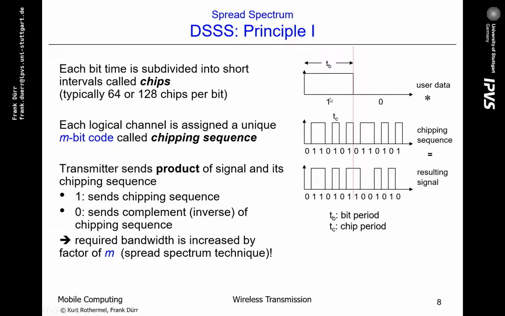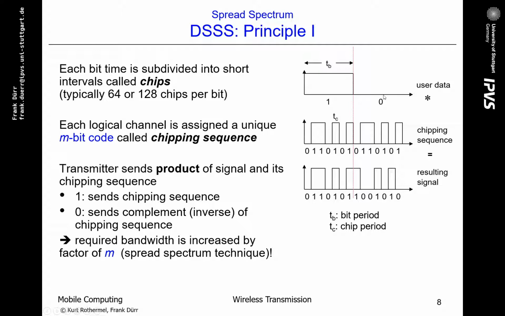So now if the sender wants to send that data, that low bandwidth signal, it needs to spread it to a broadband signal. And it does that by multiplying the bit sequence with its chipping sequence. In order to send a 1 bit, we send the chipping sequence as it is. So if you want to send a 1, we send out 0, 1, 1, 0, 1, 0, 1. This is exactly the chipping sequence of that particular sender.